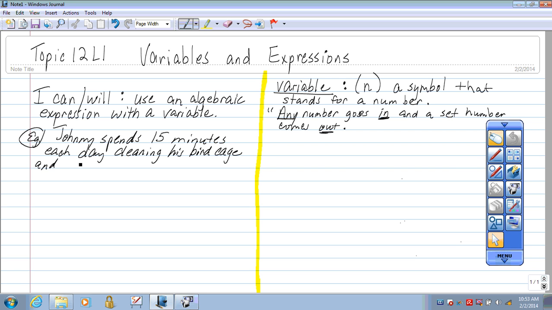And the amount of time he walks his dog kind of varies from day to day. So we'll say D minutes walking his dog. Now we just used the letter D because it's his dog. So that helps us remember.